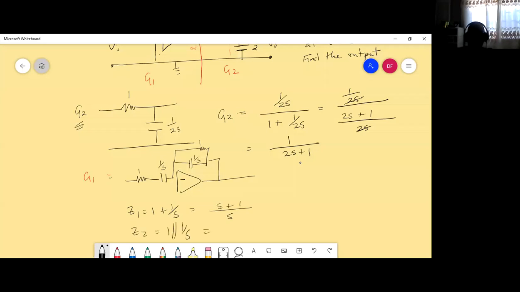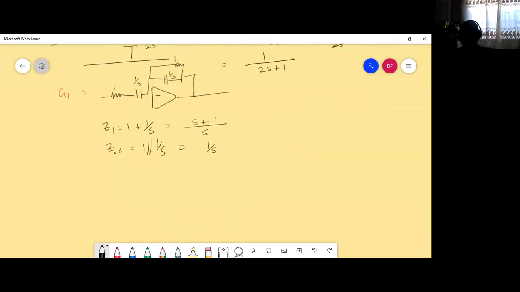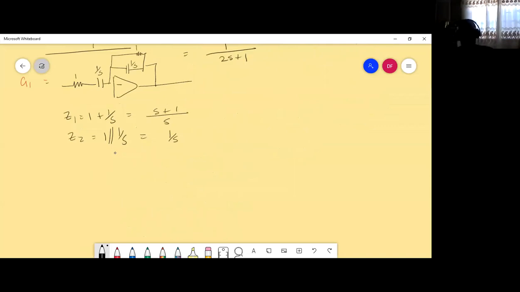So it is product over sum, so that is going to be 1 over S into S plus 1, and then so it is 1 over S plus 1.